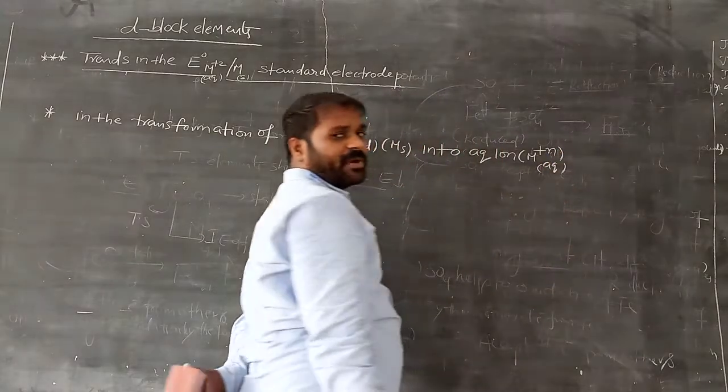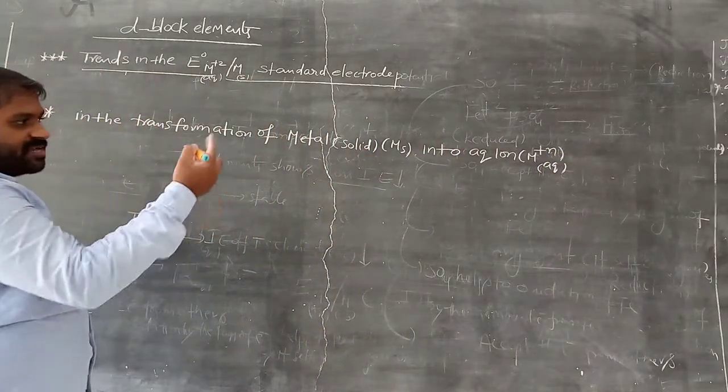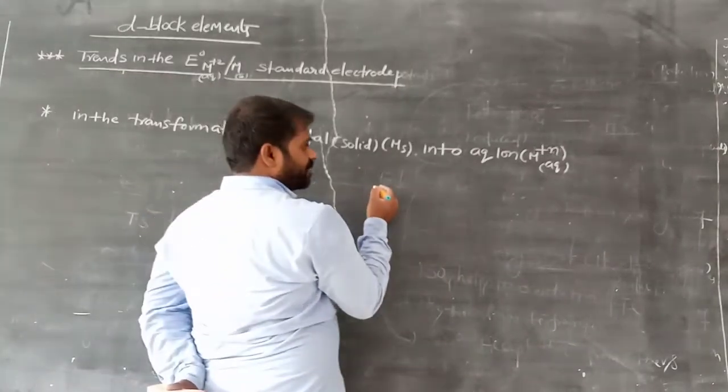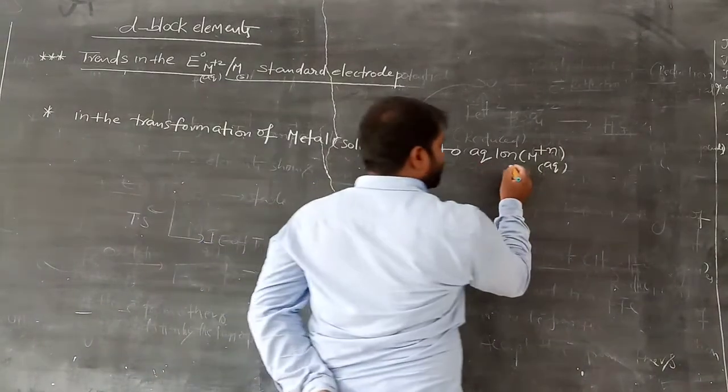It may lose a number of electrons. So M loses n electrons, then what happened? M plus n, into an aqueous ion.